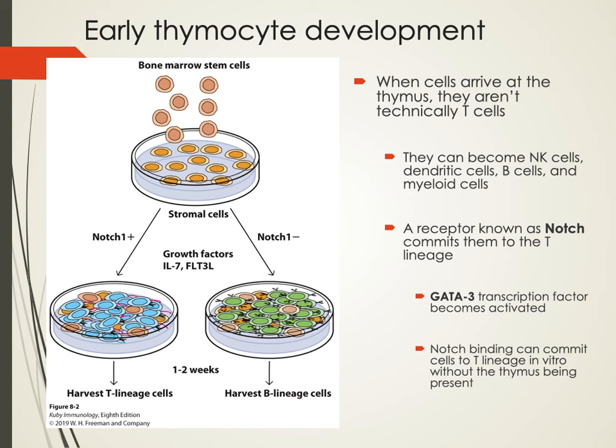Okay, so again, Notch becomes very important in order to commit to the T cell lineage. And this is in part because the GATA3 transcription factor becomes activated when Notch is binding to a ligand.